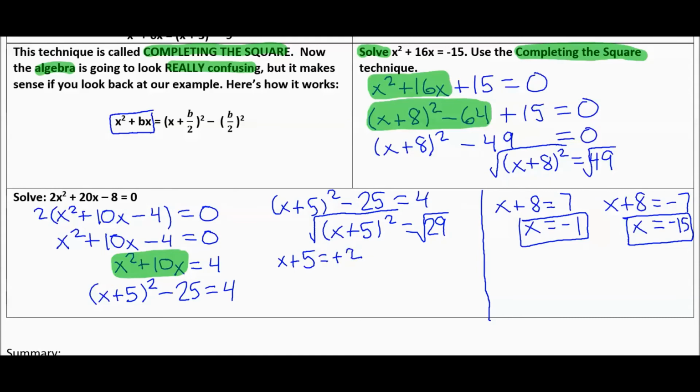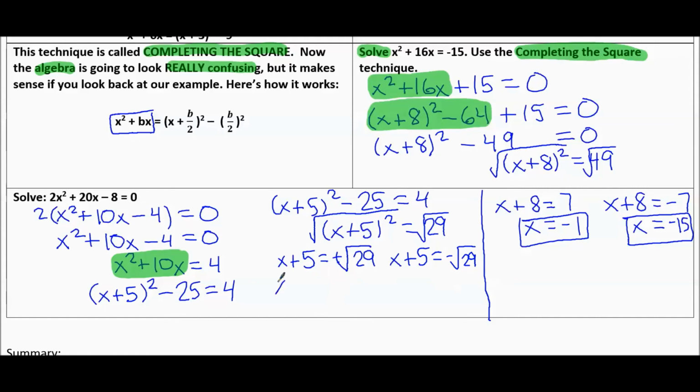I don't know what just happened to my square root. I forgot to write it. Positive square root of 29. And x plus 5 equals the negative square root of 29. Okay, I subtract 5. Well, I suppose I could look for, are there any perfect square factors of 29? I hope you know 29 is prime, so there are none.